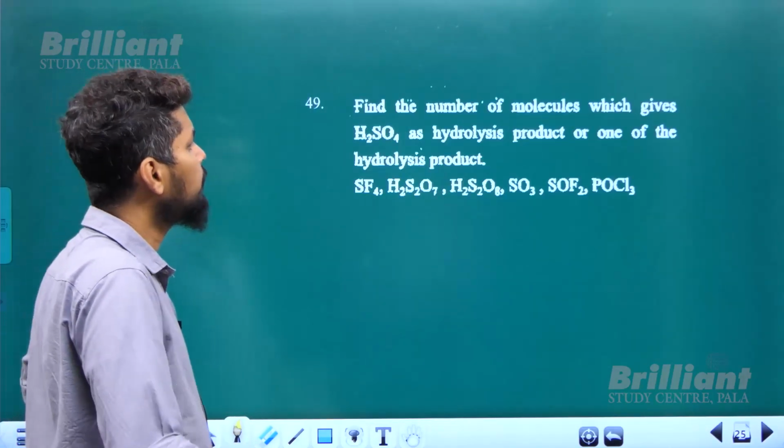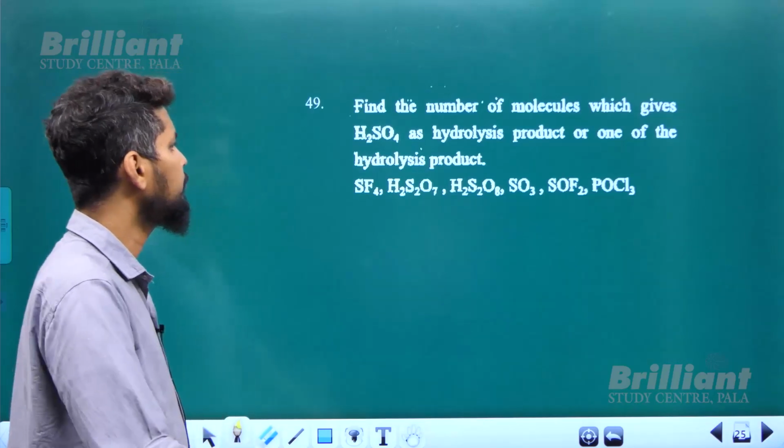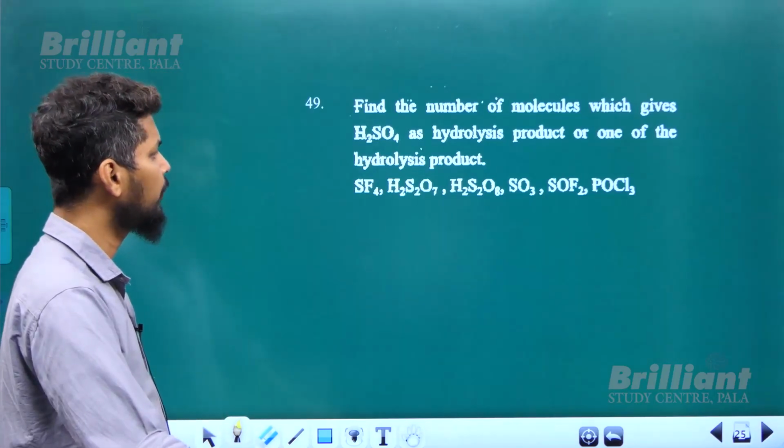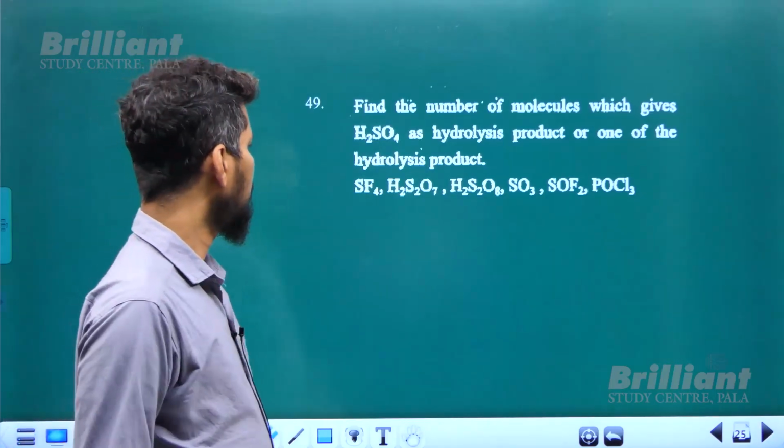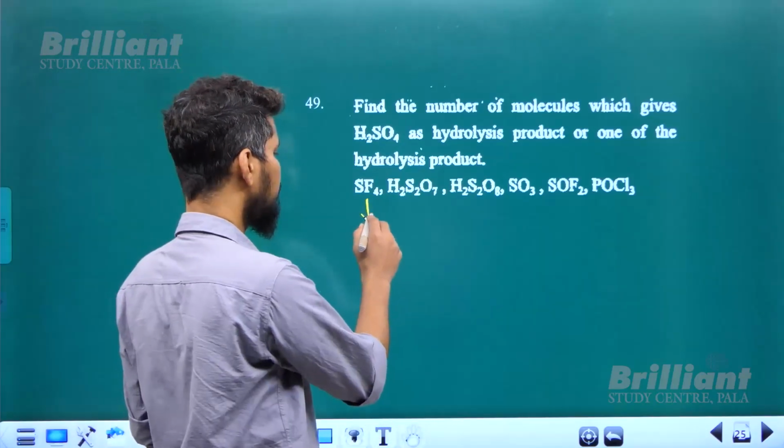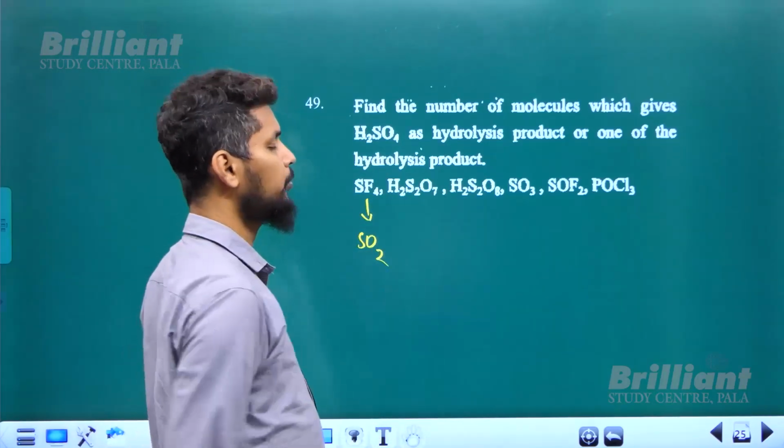Find the number of molecules which give H2SO4 as a hydrolysis product or one of the hydrolysis products. SF4 on hydrolysis will give you SO2 and HF.